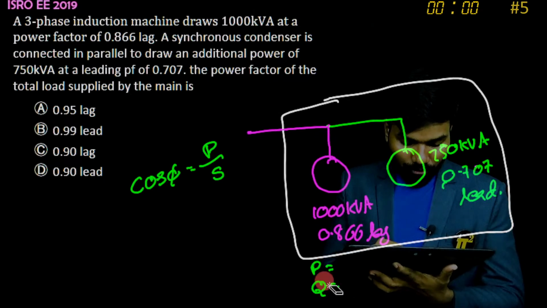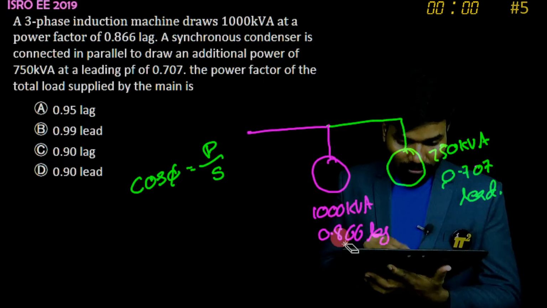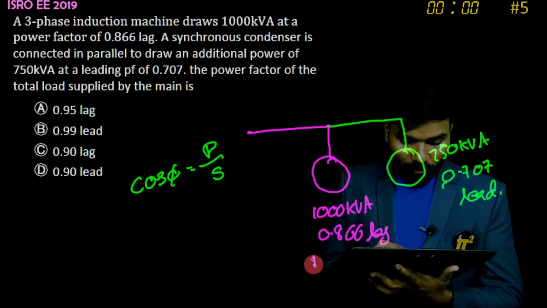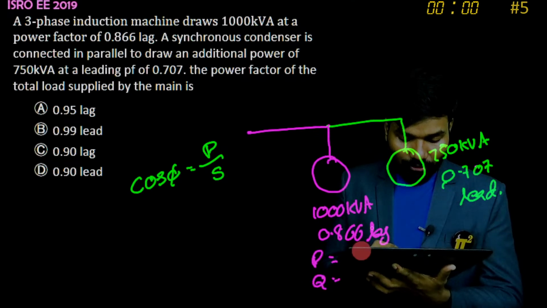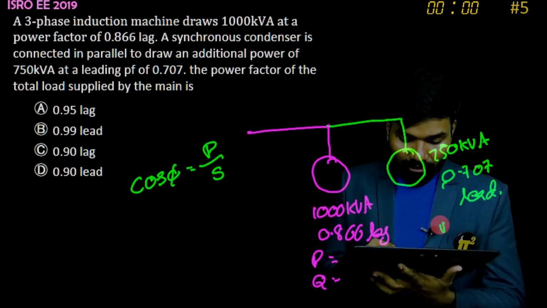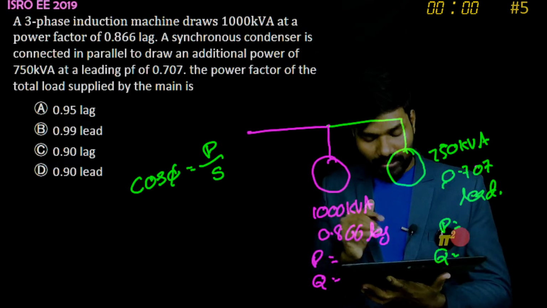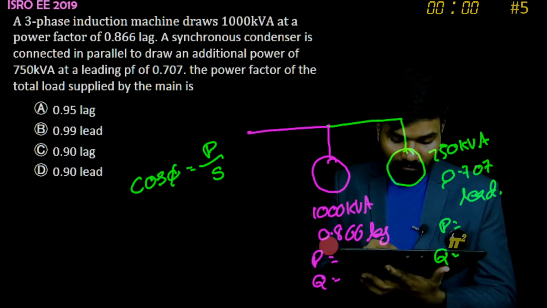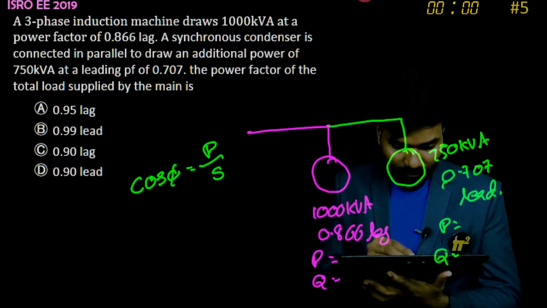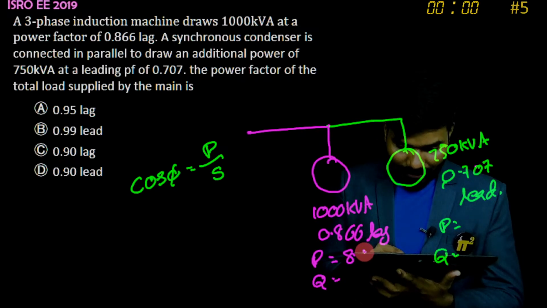Let me use the same color. For this load you have to find P and Q, and here also you have to find P and Q for this load independently. P for this particular load, I'm giving the values: 866 kW.